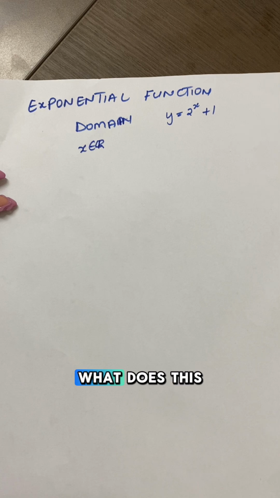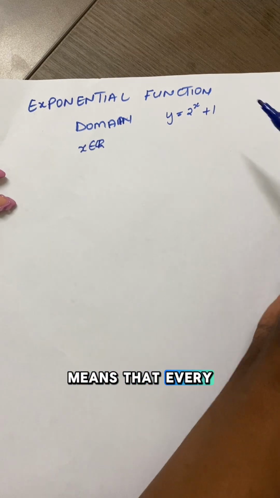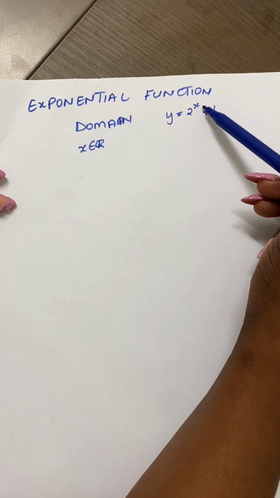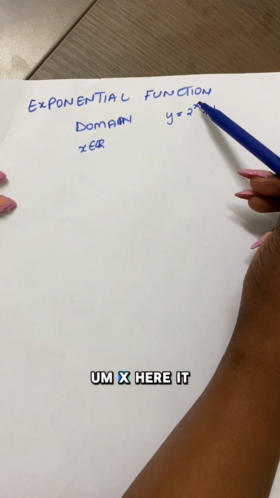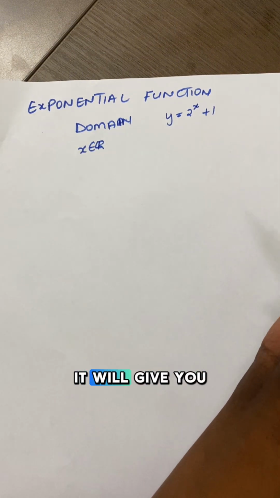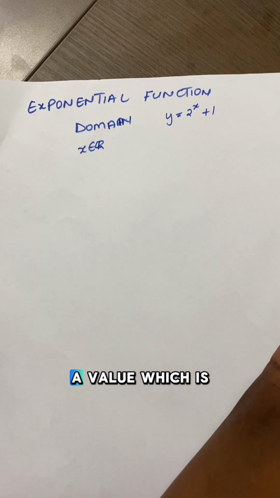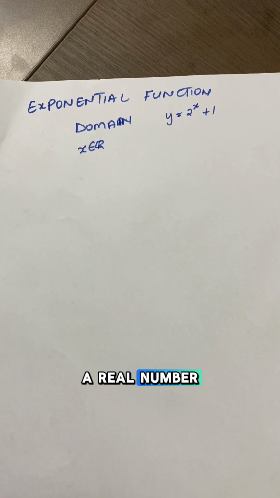What does this mean? Every x value that you can put in here will give you a real number. It means that your graph can exist everywhere on the x-axis.